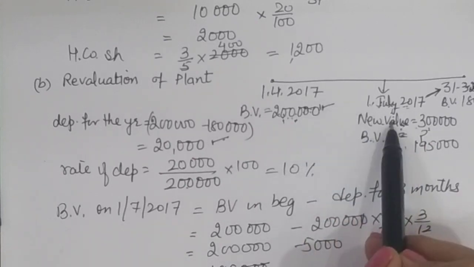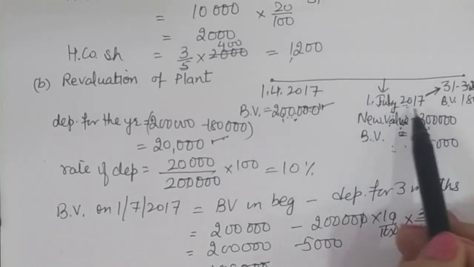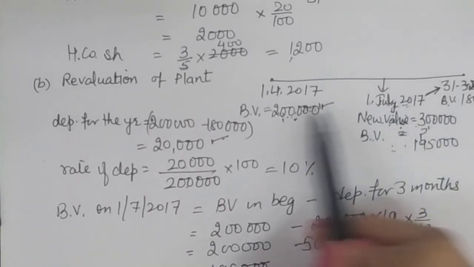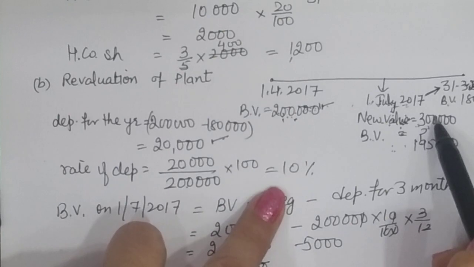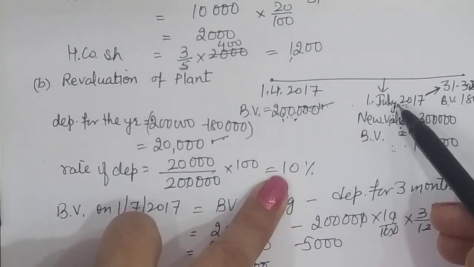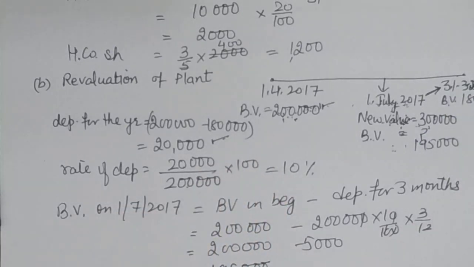It means you want to bring in 1 lakh more in the value. So on this additional 1 lakh you need to charge more depreciation, at the prescribed rate of 10% for 9 months starting from the date you bring in the change. So additional depreciation has been calculated.